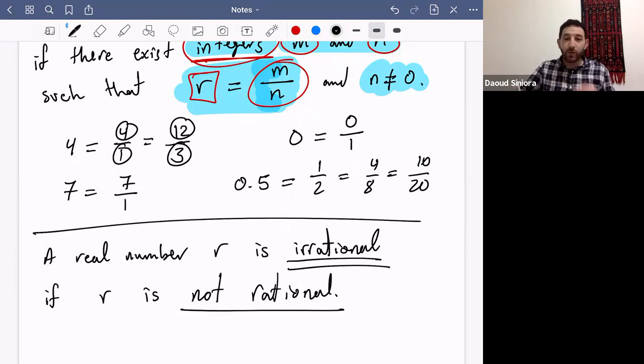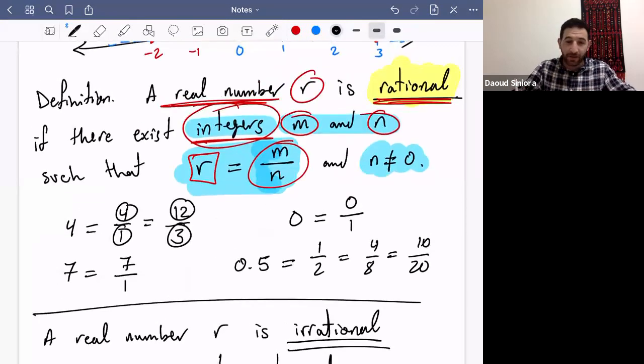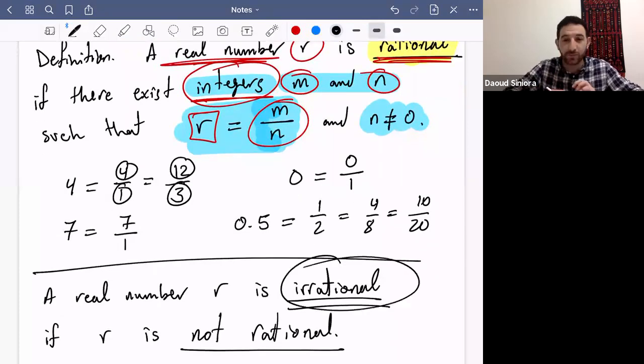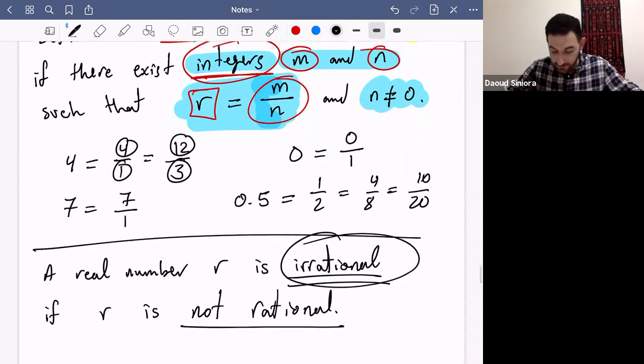It means we cannot find integers m and n where n is not 0 and m over n is R. So when we go to the world of integers, no matter how hard we search for m and n, we can't find them such that m over n is R. This is the case of irrational numbers. So if we know that a number is irrational, it means that it's impossible to find integers m and n where m over n is R and n is not 0.